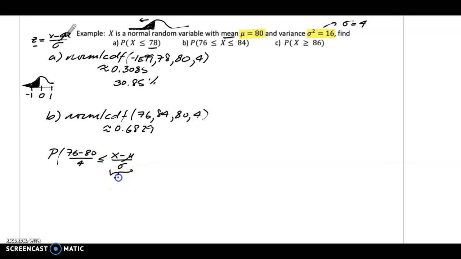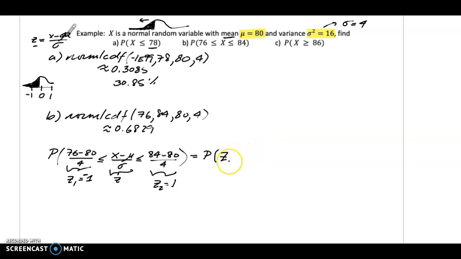You know this is your z, less than or equal to 84 minus 80 divided by 4. And there we go. So for the probability of the first one, I need to look at z. I'll call this my z1, which is equal to -1, and here this would be z2, I call it, and that's going to be +1.